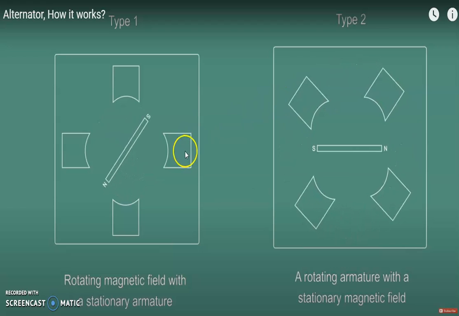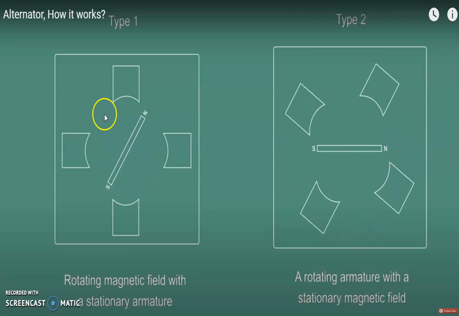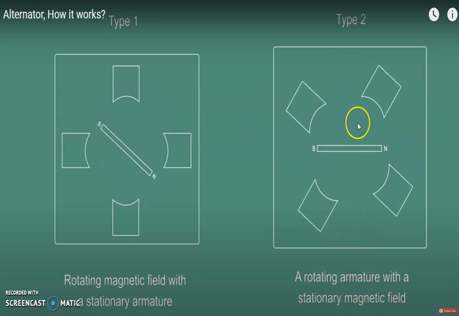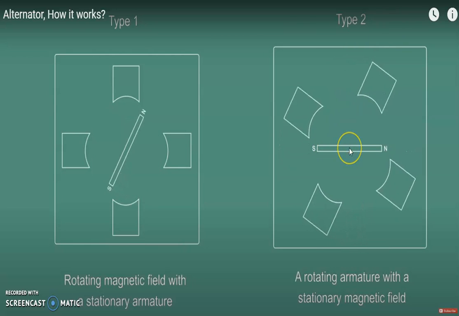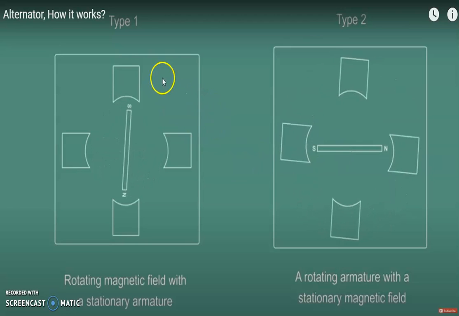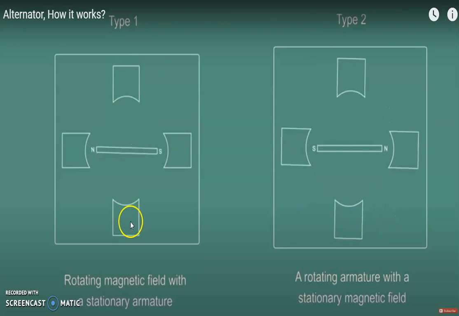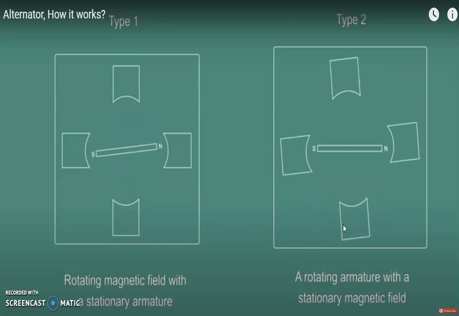So here the field is rotating while the armature is stationary, while here the field is stationary and the armature is rotating. You can see these videos regarding both systems. That means in type 1 it is a rotating magnetic field, while in type 2 it is the rotating armature.